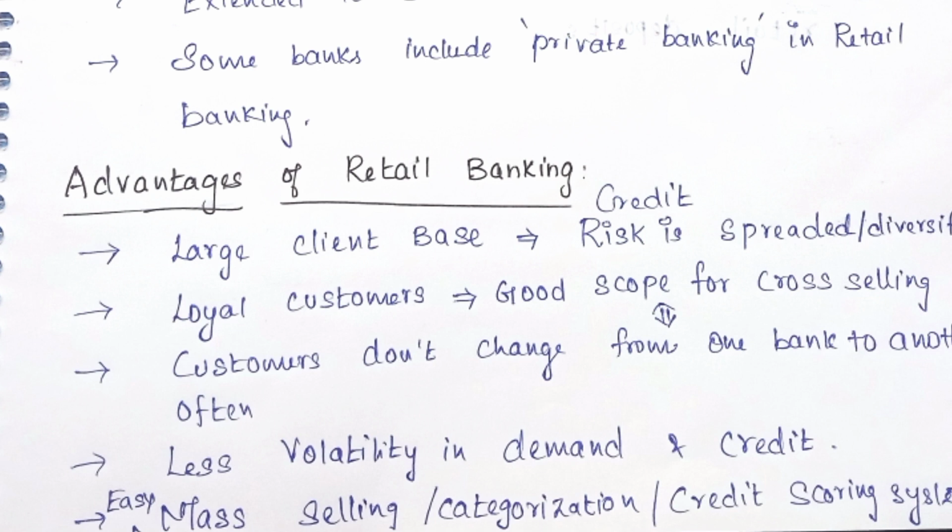Customers don't change from one bank to another often, though sometimes, due to heavy competition, we face many issues in this also. Then there is less volatility, in the sense of the ups and downs the customer faces; if it is a large customer, we face more and more ups and downs in their demand or credit.